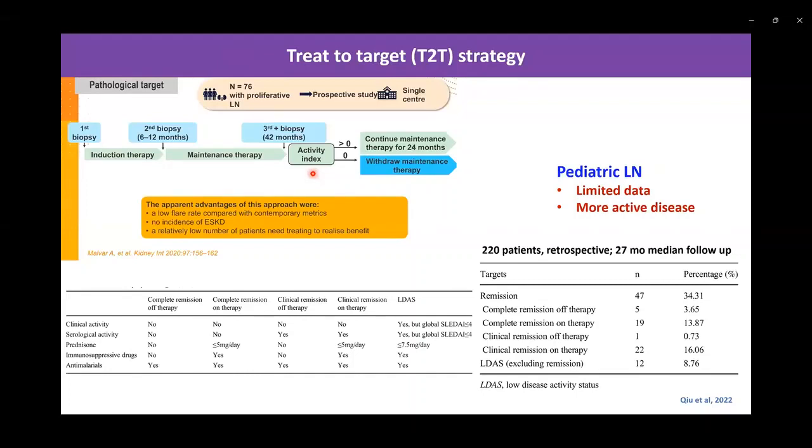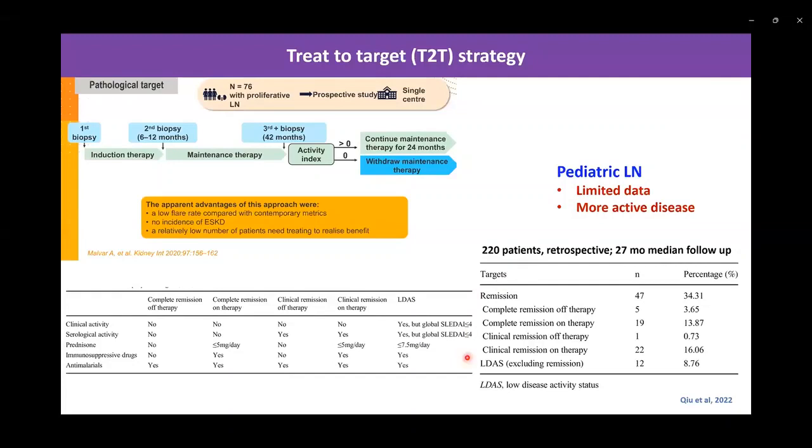So data in pediatrics is limited, and in the most latest study in 200 odd patients with a median follow-up of 27 months, the authors looked at clinical targets, including varying levels of remission and a low disease activity status.